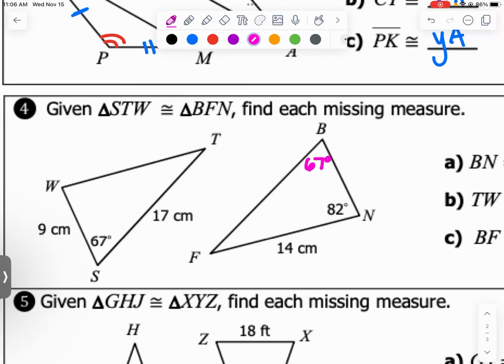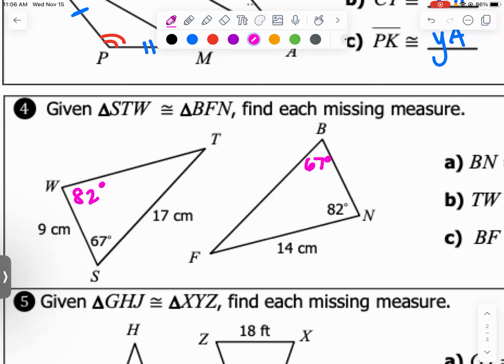Okay. T and F. Well, we don't know either one of those, but W and N are corresponding, which means if N is 82, W is also 82. Okay. But Brayden, help me out. If we have 2 angles of a triangle, we need the third.